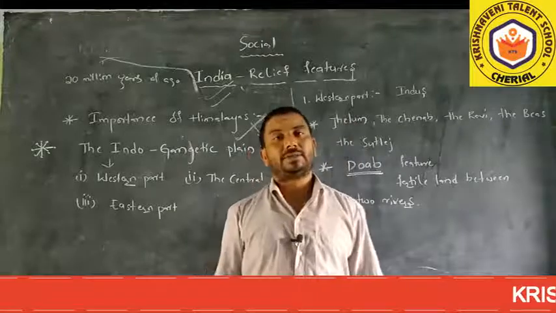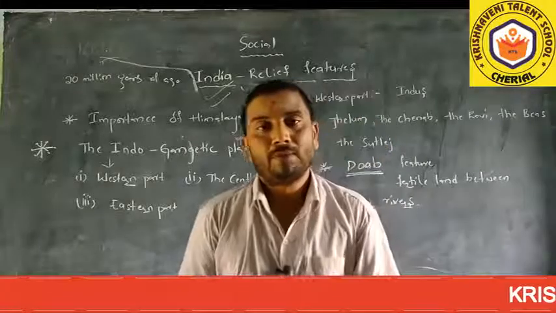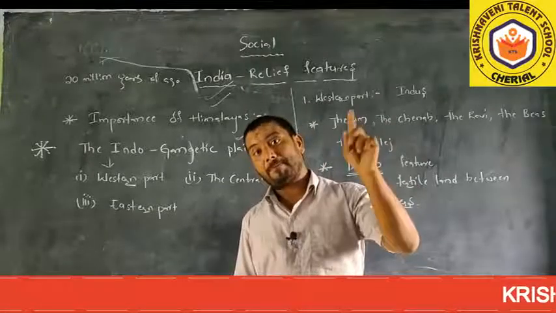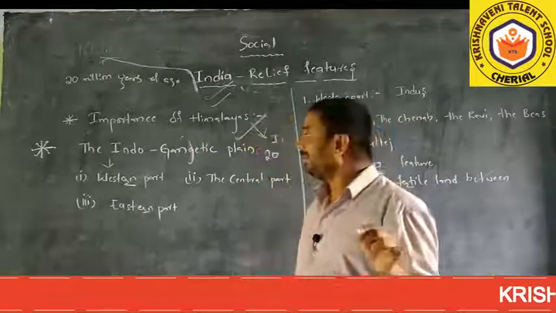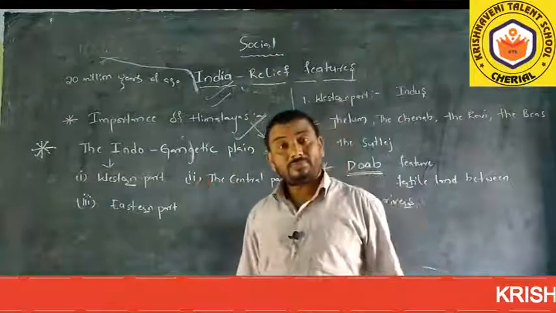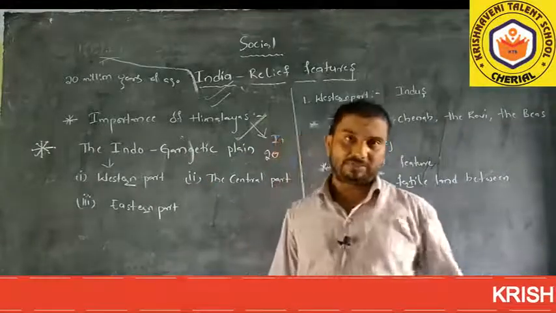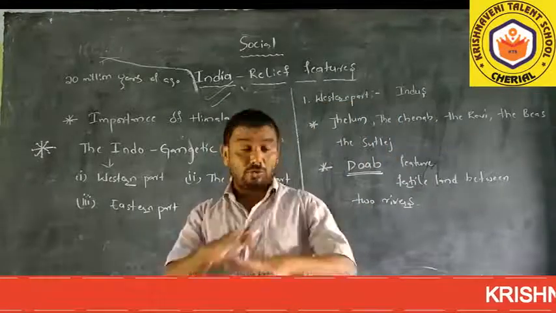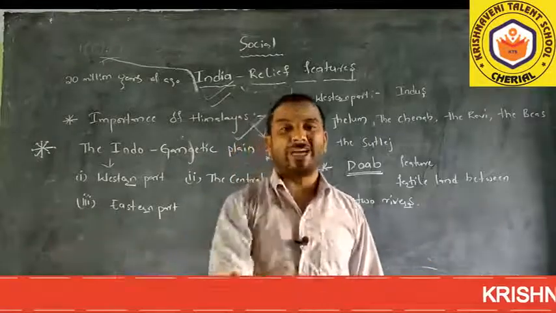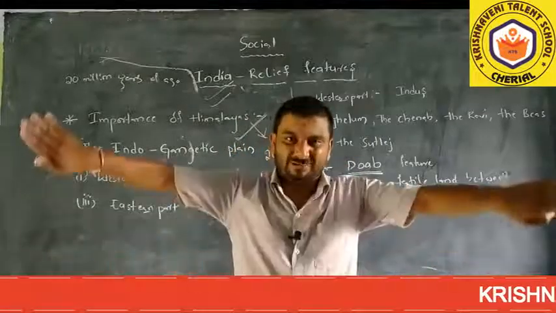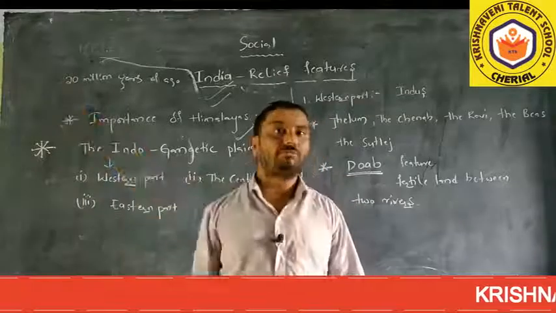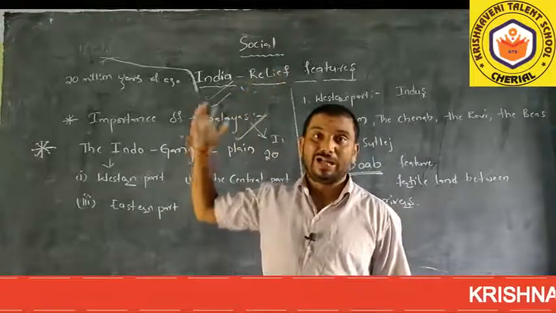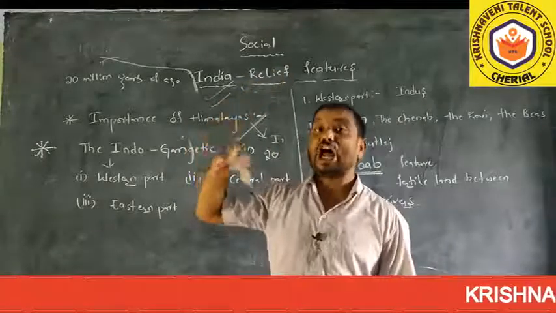So with three rivers these plains are formed. 20 million years ago, the foot of the Himalayan mountains was completely shallow land, a lowland area. From 20 million years onwards, this lowland area was completely filled with alluvium soil.